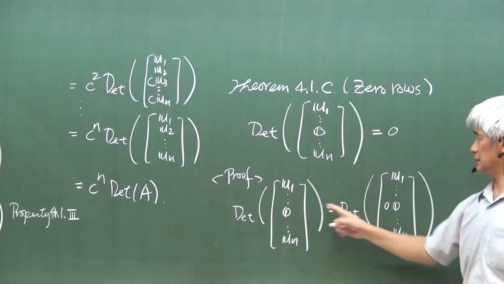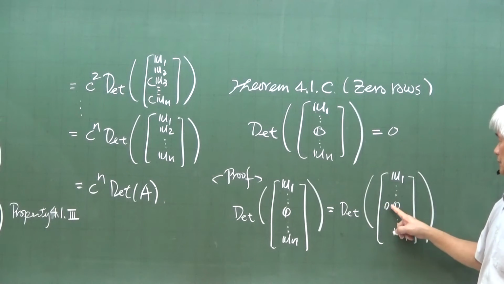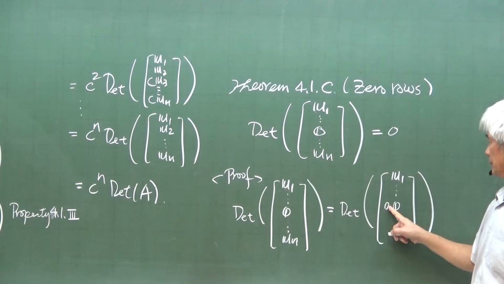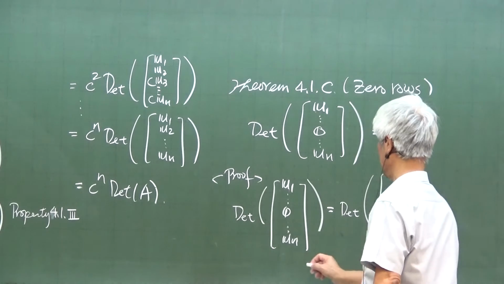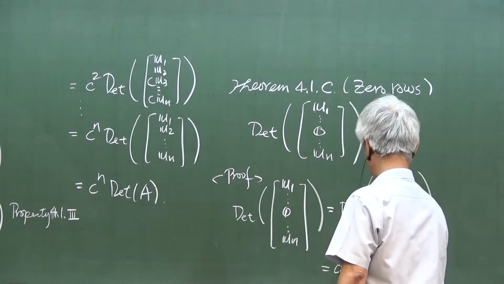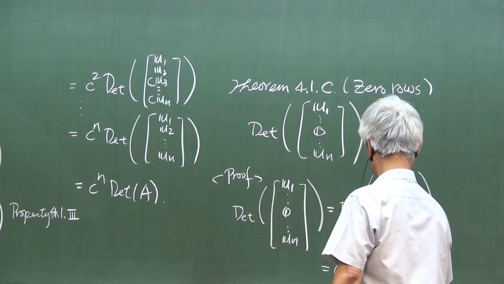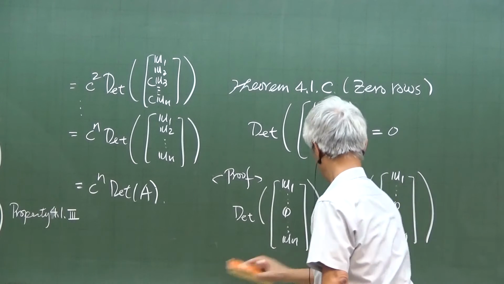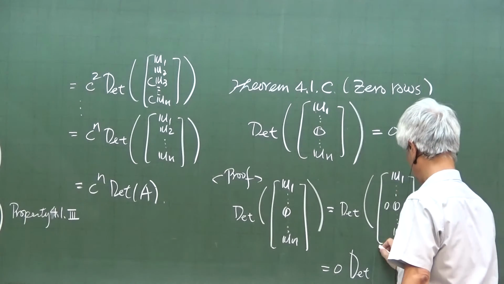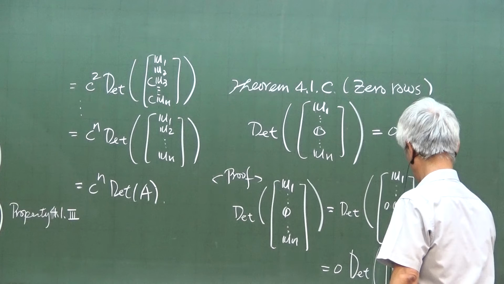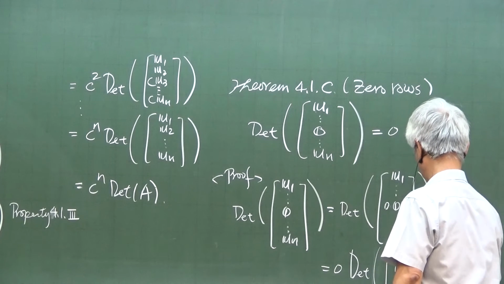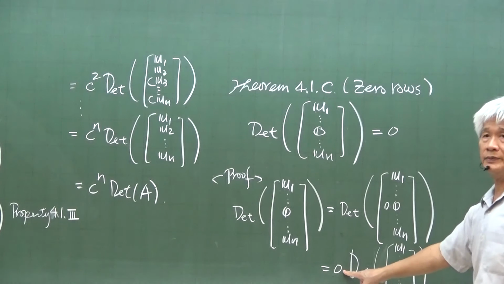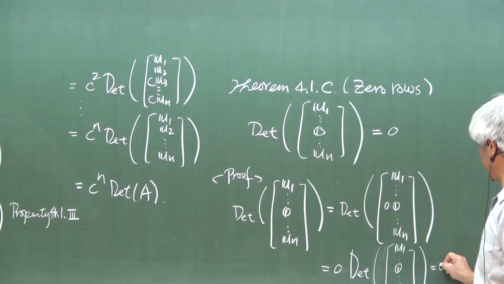So the zero vector can be expressed as zero scalar multiplication with the zero vector again. And this is 0 times the determinant of the matrix. So 0 times anything is 0.